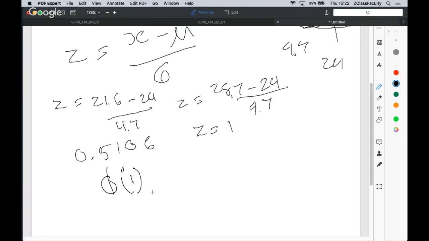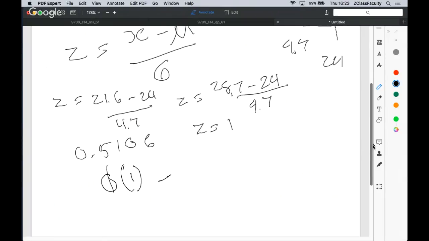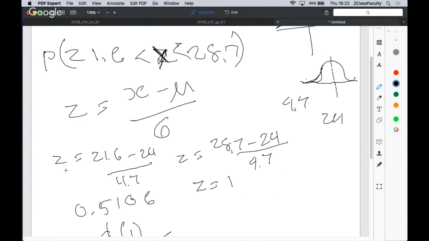Okay. So how would you visualize it on the graph? If we go back to the graph, one point would be around here, and the other one would be around 1.